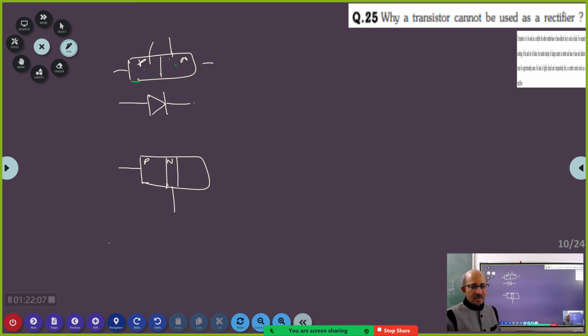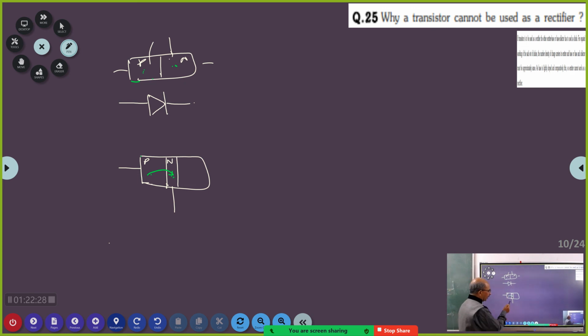Hello, Adil. Others? That is possible if the dopings are the same on both sides. Here you see the doping is different. If it is forward bias, the current will easily flow in this direction.